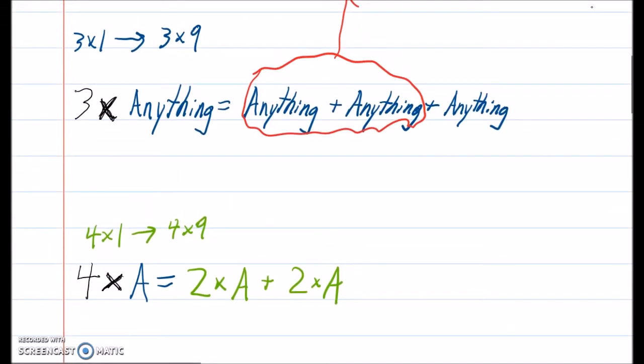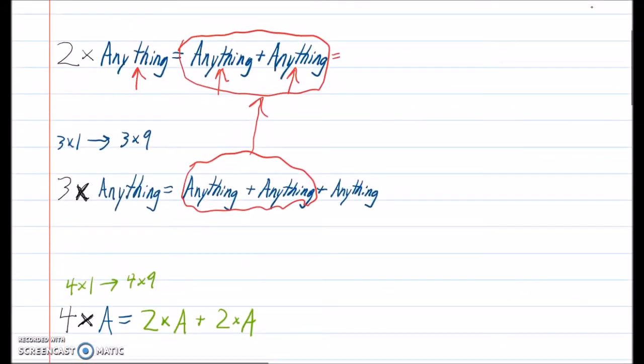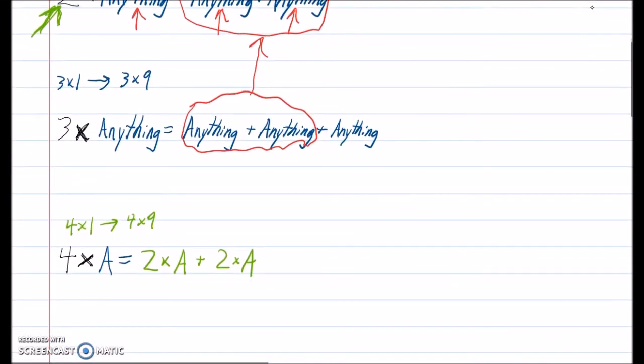So if you know how to do this, 2 times some number, then you should be able to do it twice over. So that's all you're doing here. You're doing it once, and then you're adding it to the second time. So adding it to itself. So that's how I think about it.